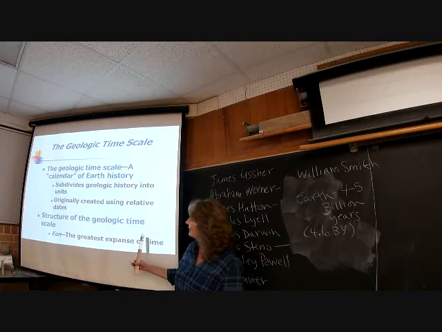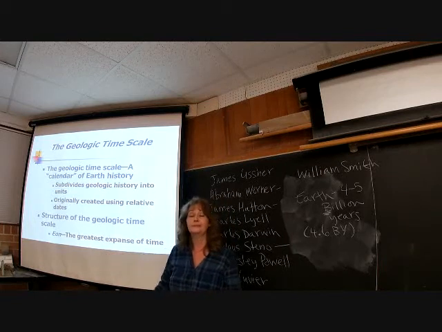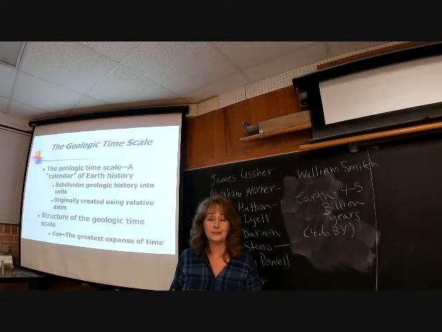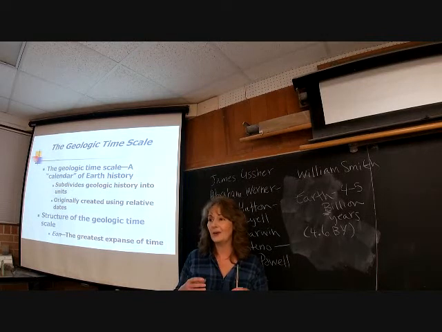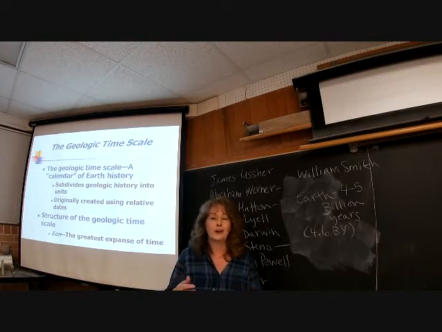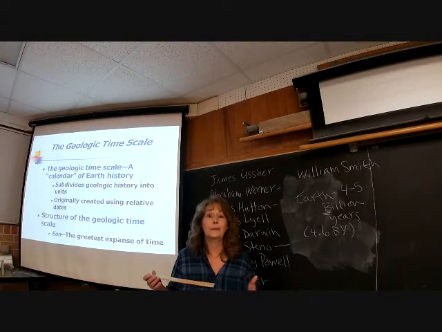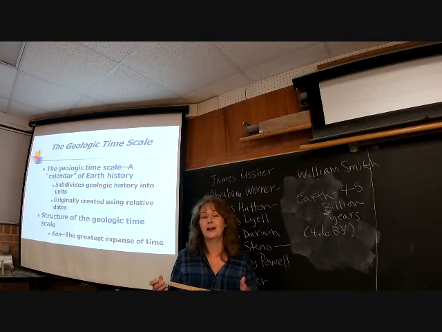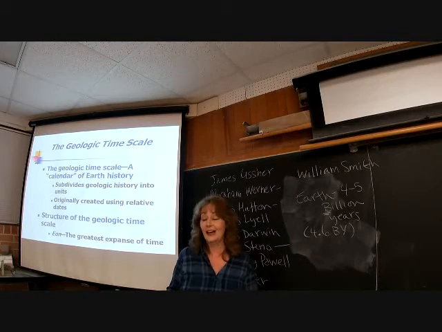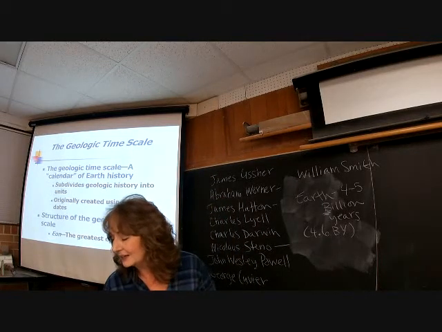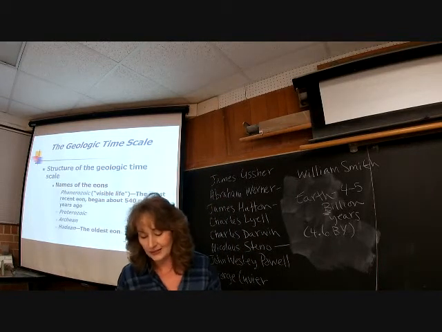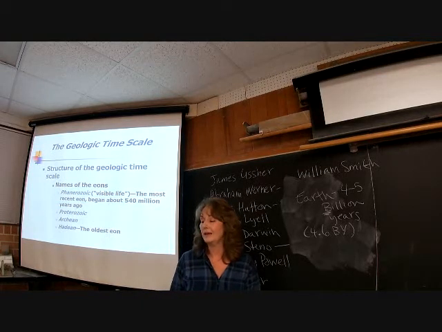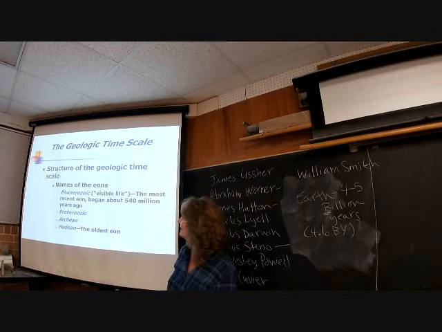So the structure of it: the eon is the greatest expanse of time. It's almost like chapters in a book, with the ending of a chapter marked by some traumatic type of event. A lot of them end with a mass extinction. But an eon is your greatest expanse, okay? This kind of shows the trends of life and that sort of thing.